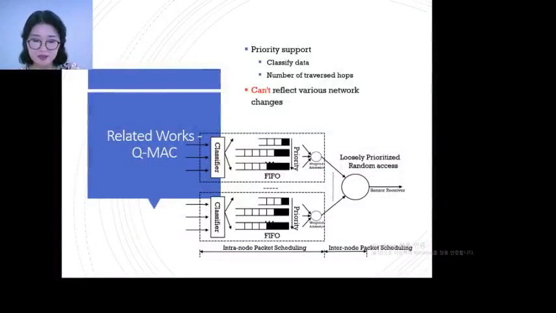But it cannot reflect various network changes because it does not consider the surrounding environment of the packet.